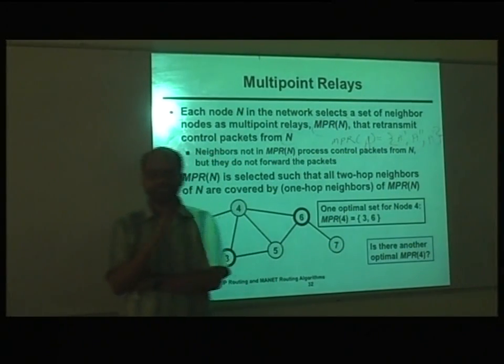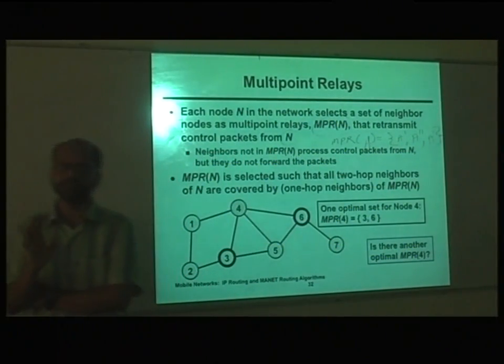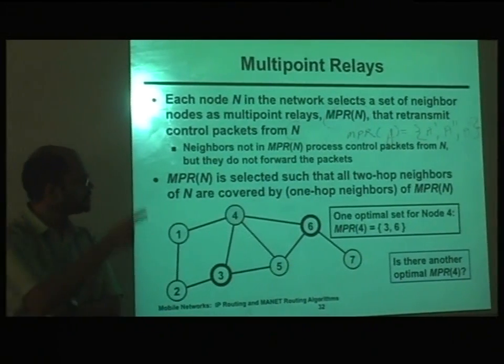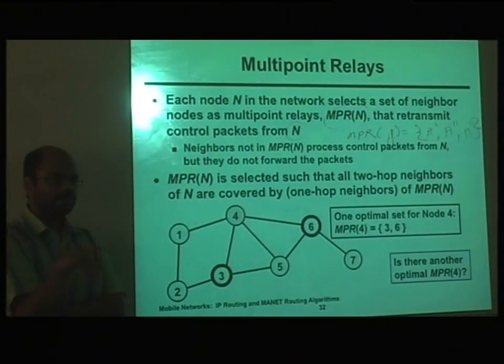In the network, which nodes are sending control information? I want to know all the nodes which are sending control information. So how will you write this piece of information using the MPR definition?